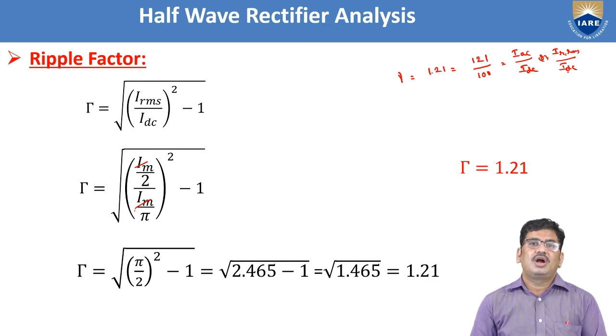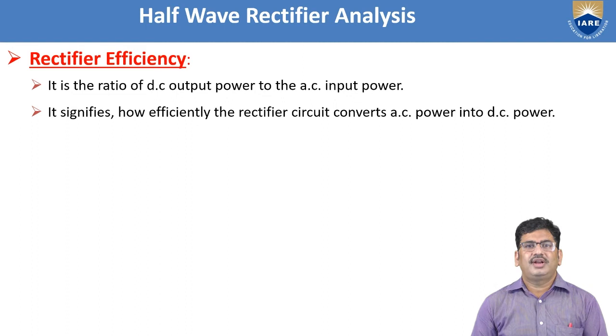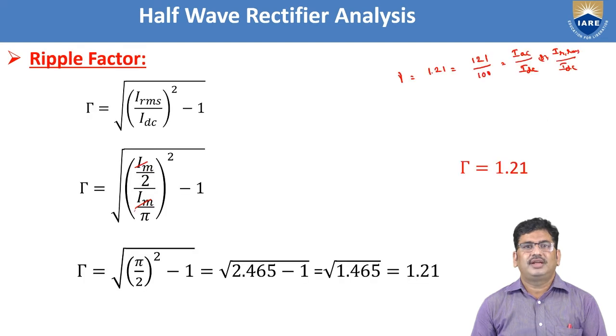So in the output current component, 121 parts are ripples and 100 parts are DC components. As the half-wave rectifier produces more ripples at the output side, we can consider it a poor rectifier. For a good rectifier, the ripple factor should always be less. The ideal value of the ripple factor is 0.